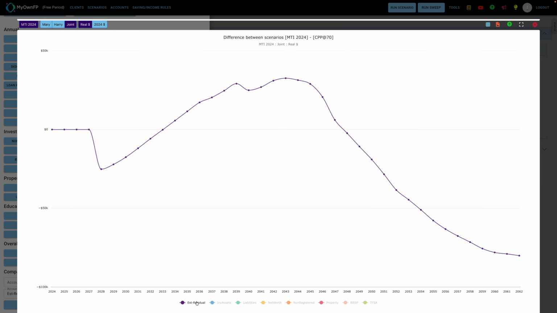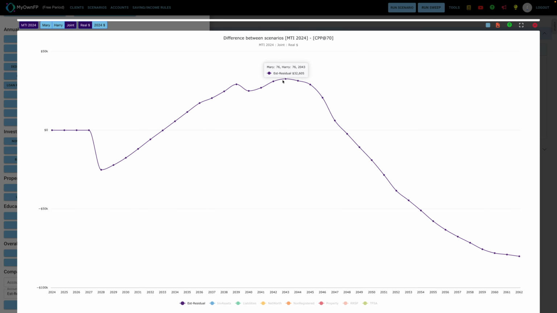So let's look at, let's say, residual, and you can see that we are between $25,000 and $30,000, either negative or positive. So it favors one or the other based on how you're taking out certain money.